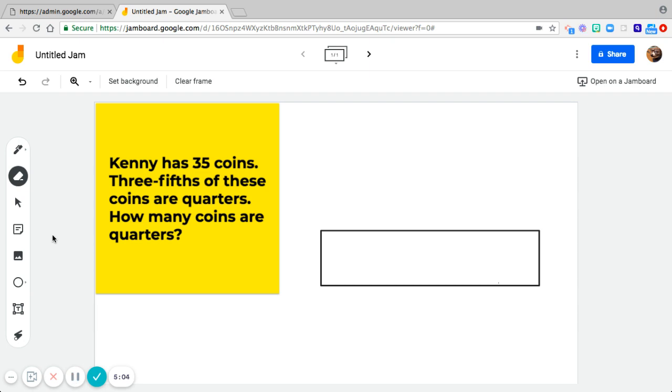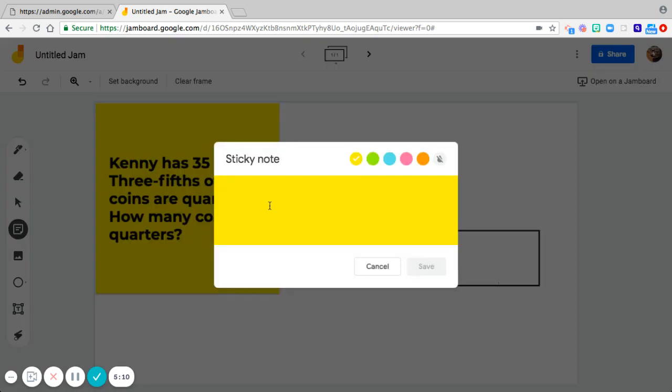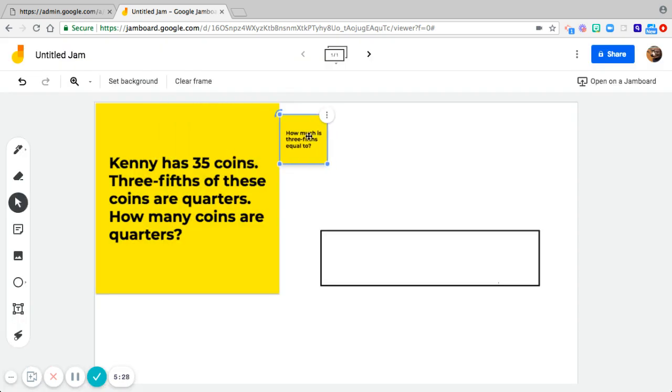So that is definitely a wonderful question that we can post. So how much is 3/5 equal to? Right? Great question. So let's slide that question right here.